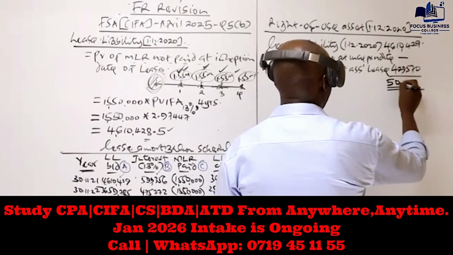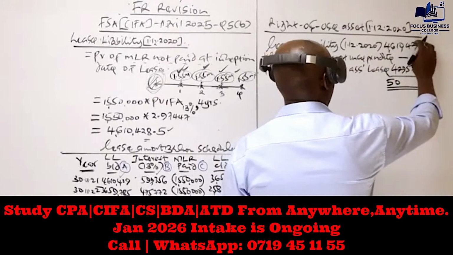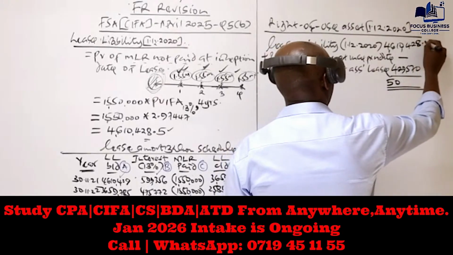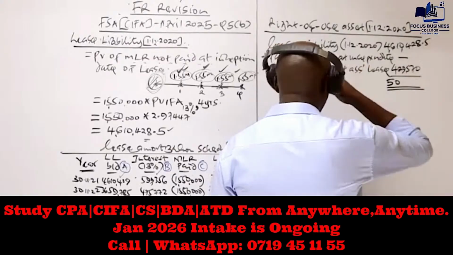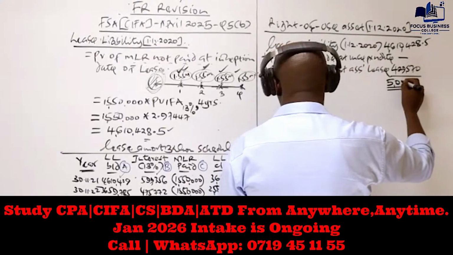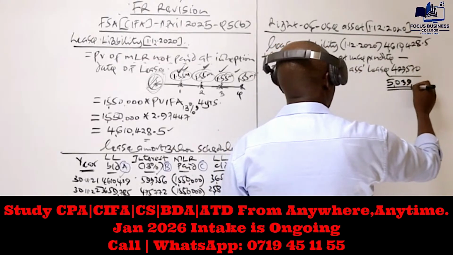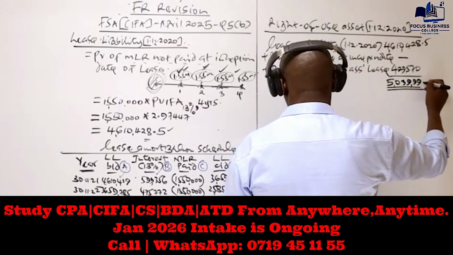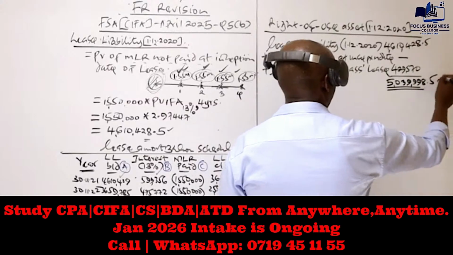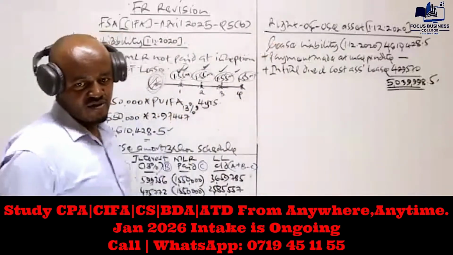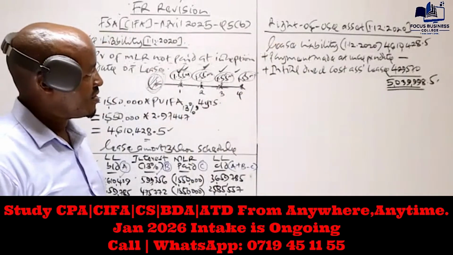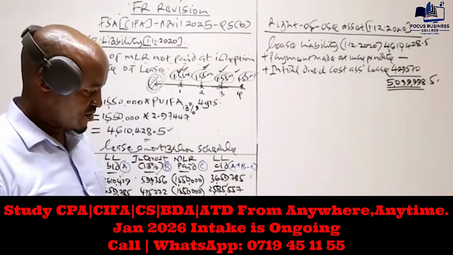I think we can work with this one as 0.85, though you can't be penalized for that. So that will give us 50,39,998.5. Is that what you're getting?